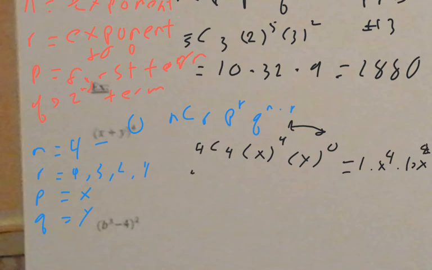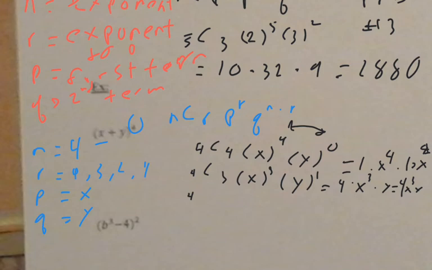So then underneath that, you're going to write 4C3 times x to the 3, y to the 1, and we get that to equal 4 times x to the 3rd times y, which is 4x cubed y.